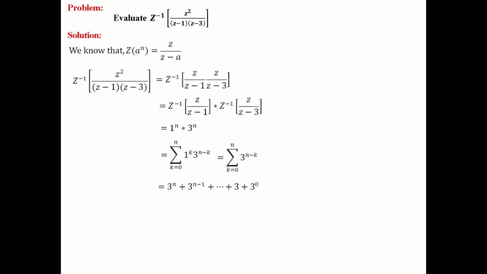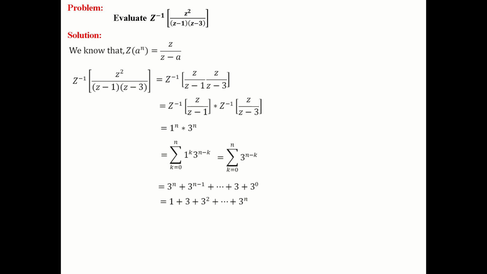Expanding, when you put k equal to 0, you get 3 power n; k equal to 1, 3 power n minus 1, plus and so on. For k equal to n minus 1, you get 3 power 1. Then putting k equal to n, the last term, n minus n gives 3 power 0, which is 1.